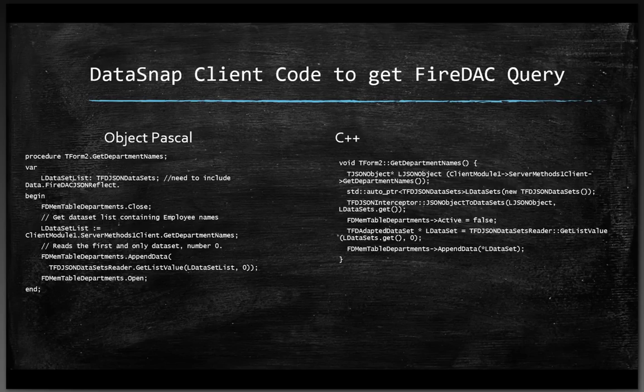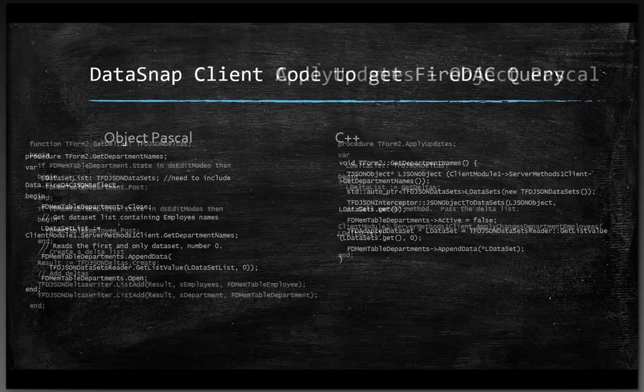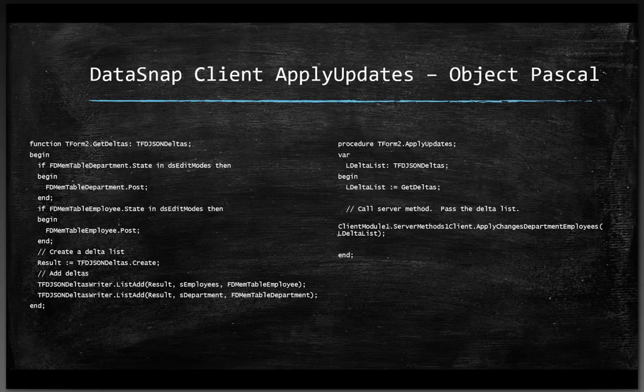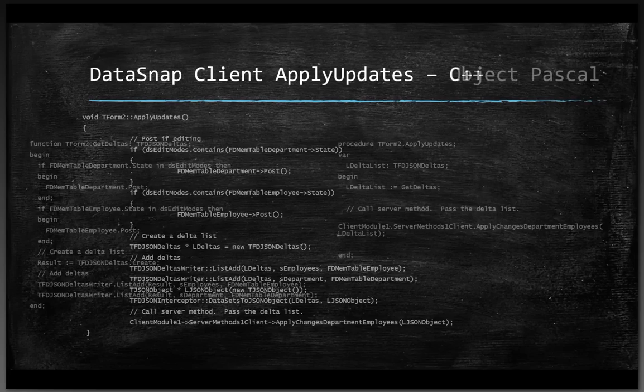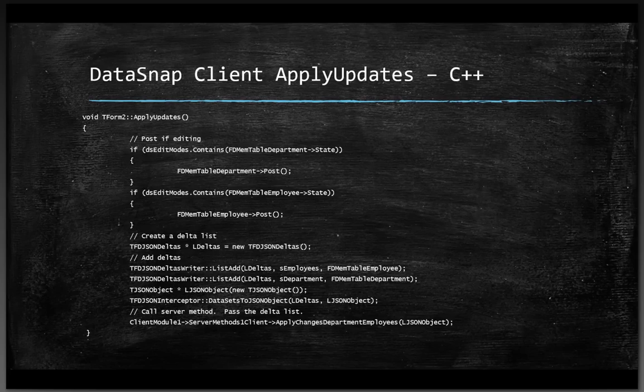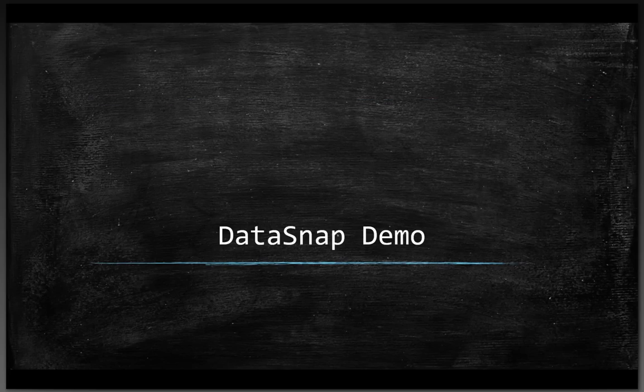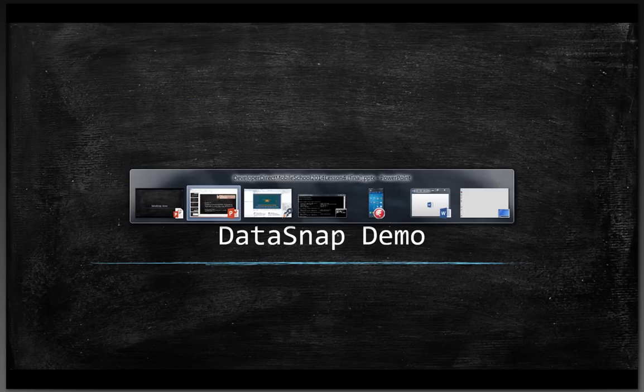And then we'll open up the FDMemTable, and we'll see through live bindings the data showing up. And apply updates from the client side is just go through each of the tables and use the JSON deltas writer and write out anything that was changed, in this case, employee and department table, or it could be customer and orders table. And that's that. So let's go look at a couple things in the IDE.